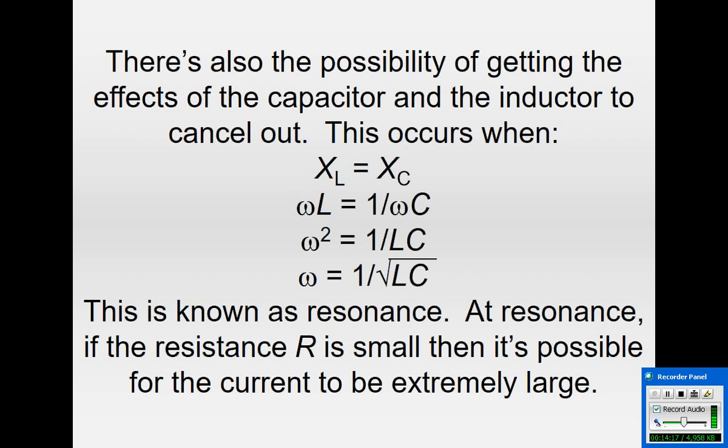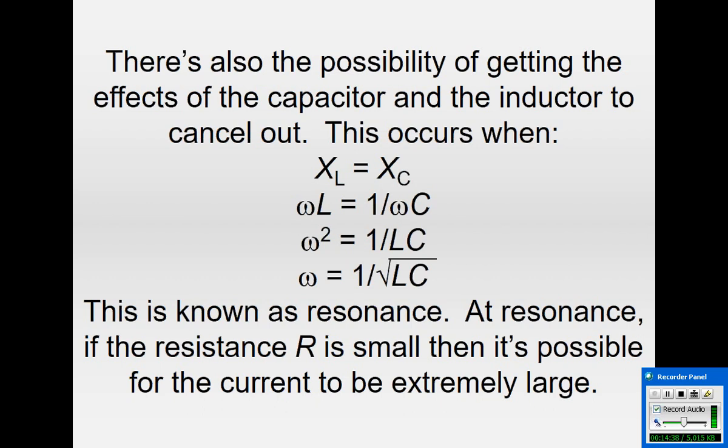And that's going to result in the smallest possible impedance in the circuit. In the situation where it exactly cancels out, the only non-zero contribution to the impedance is the resistor R. And in fact, in this very special circumstance, the impedance is equal to R.